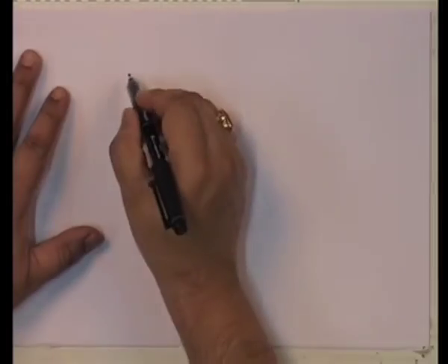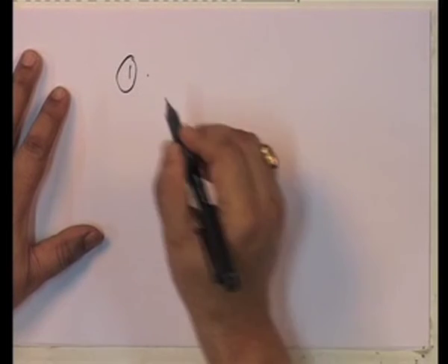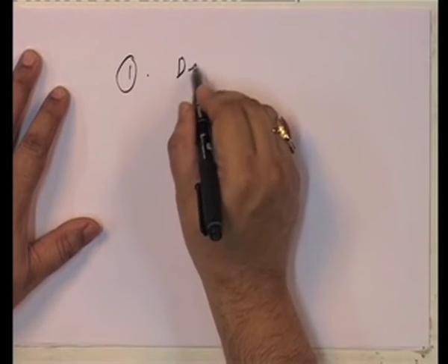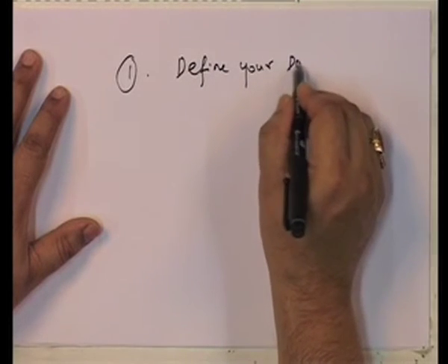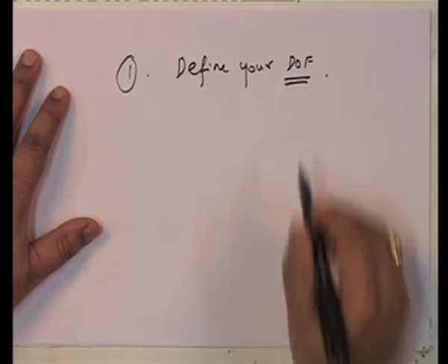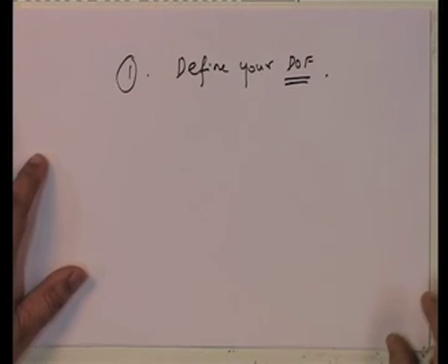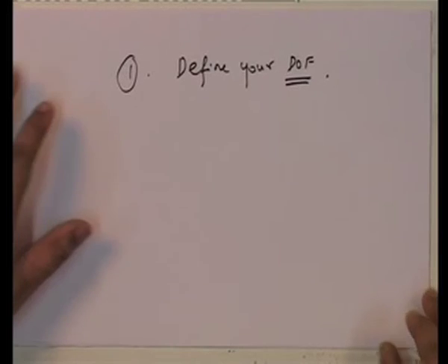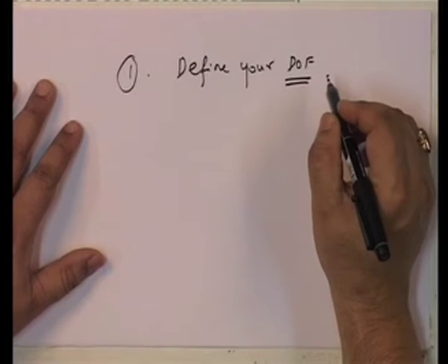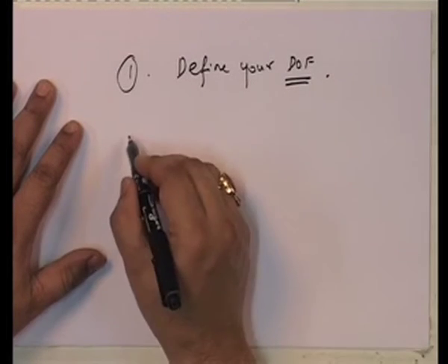Now I have shown you that given a generalized single degree of freedom problem, first you have to define your degree of freedom. That is important, because if you do not define your degree of freedom, your entire thing is based on that.